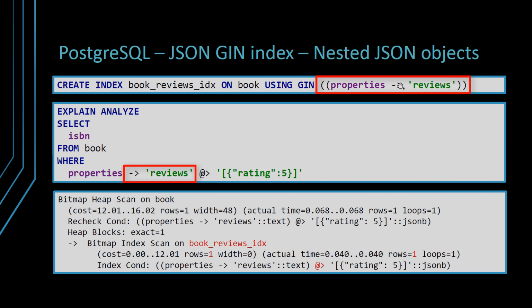In that case, what I wanted to optimize here was to check whether there is an element in my reviews array that has a rating of 5. In order to speed up this type of query, I cannot use the previous query. I will have to use a query like that. So as you can see, you have options, but they are not as flexible as you had in the case of the relational model.